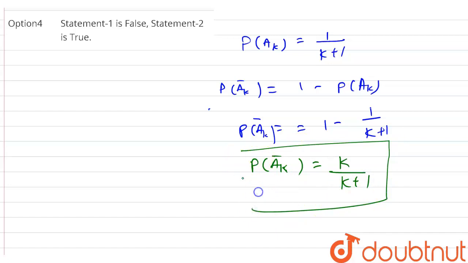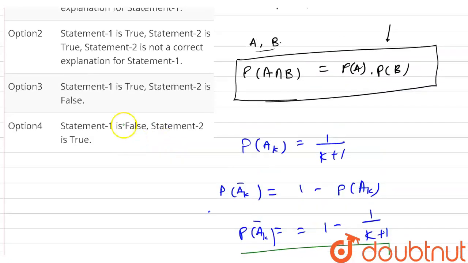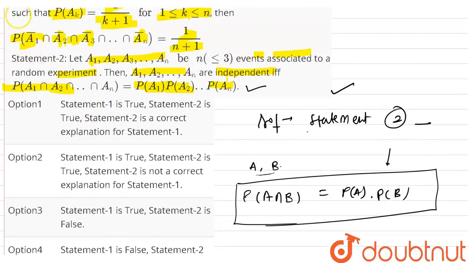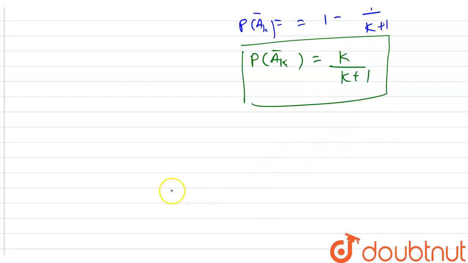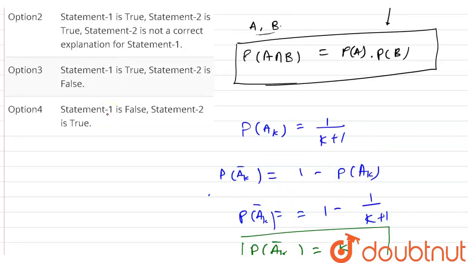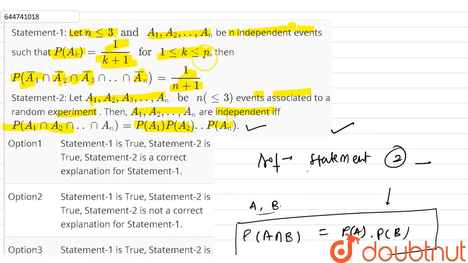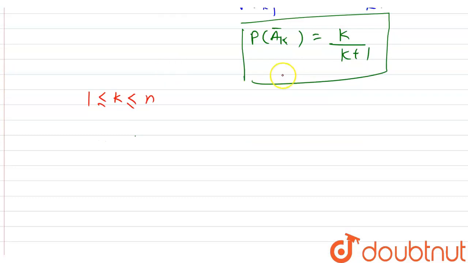Now for A1 intersection A2 intersection A3, I'm going to put the values of k, from 1 to n. It is given in the question. Now I'm going to put the values one by one.